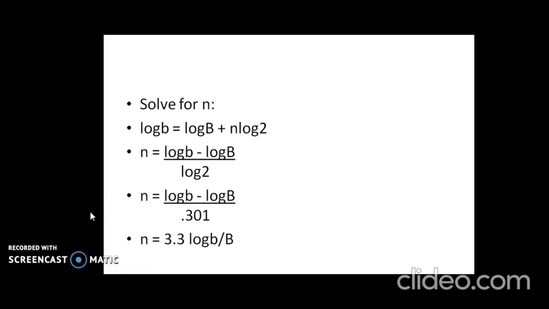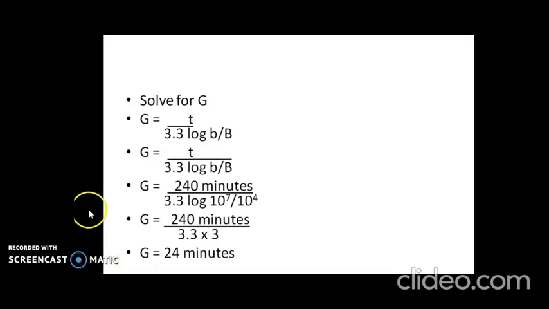You can also solve for n and g separately using the basic equations. So it can be expressed as log b equals log B plus n log 2, and after substitutions we can get the n value as 3.3 log b by B, and that value of n that we got in the previous step can be used to solve for g.